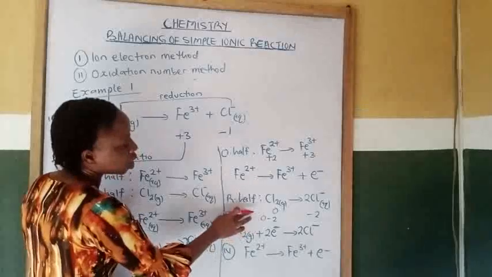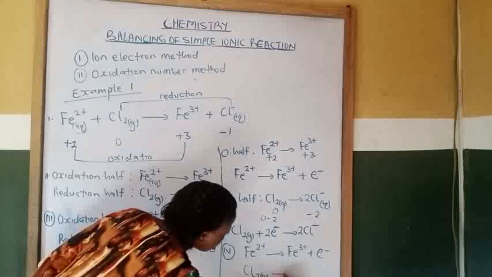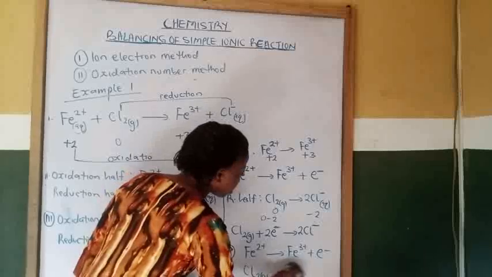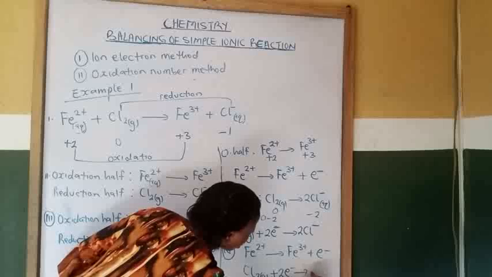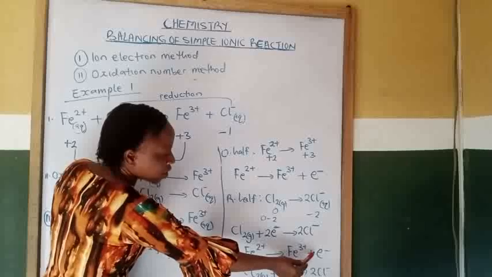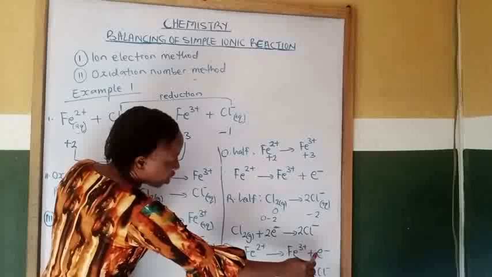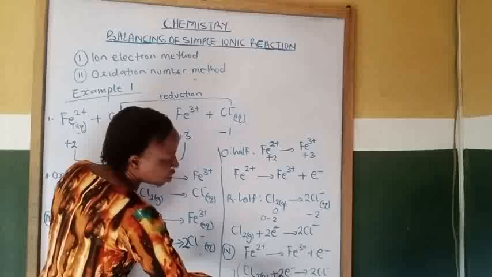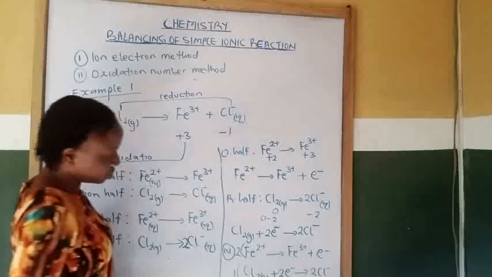Now, for the reduction half, we have Cl2 plus 2e minus equal to 2Cl minus. So the coefficient of the first half reaction is multiplied by the second half reaction. We are going to use the coefficient of electron here, which is 1, to multiply this one. Then we use the coefficient of this second half reaction here to multiply the first half reaction.